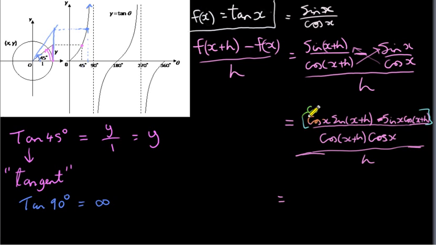This thing on top has the form cos A sine B minus sine A cos B, where A is equal to x and B is equal to x plus h. So you look in your tables for an identity that has this form. Actually, a better way to write this is if we write A for x plus h and B for x.